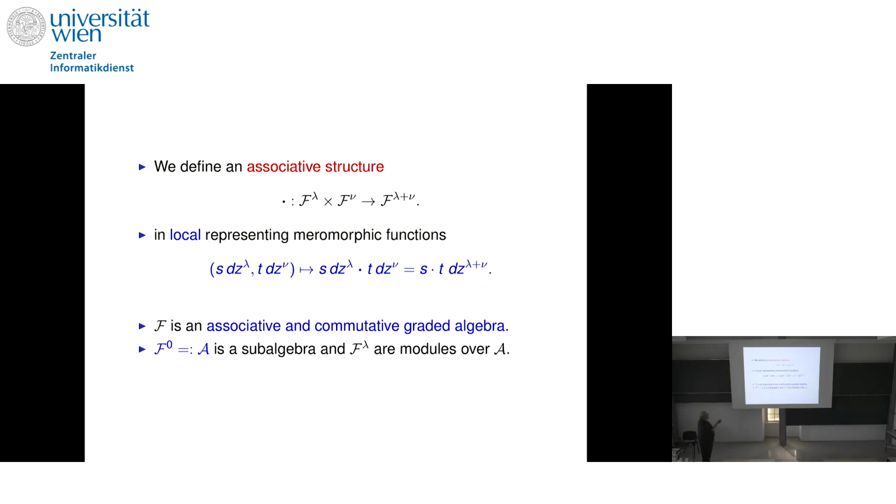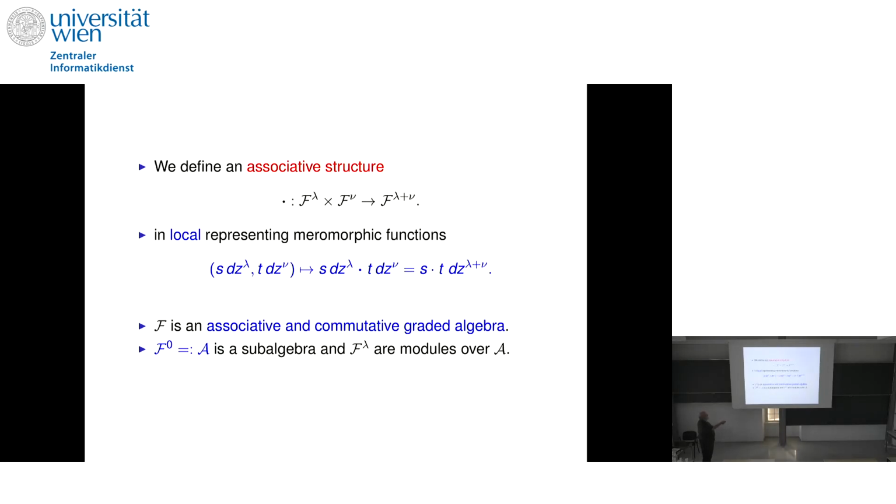We have this associative product structure. If we have a form of weight lambda here and a form of weight nu here, we just multiply these two forms. This means we have the function times dz to the lambda, and the function times dz to the nu, and we multiply them locally, and then we get a form of weight lambda plus nu.